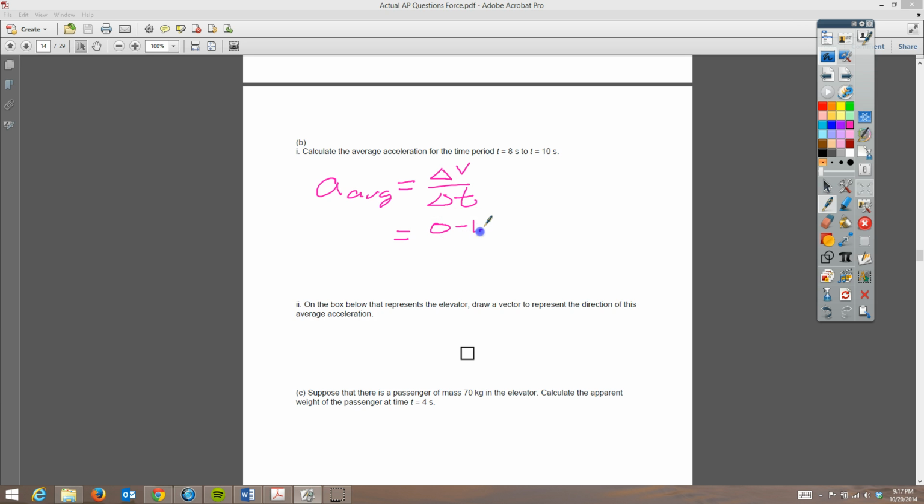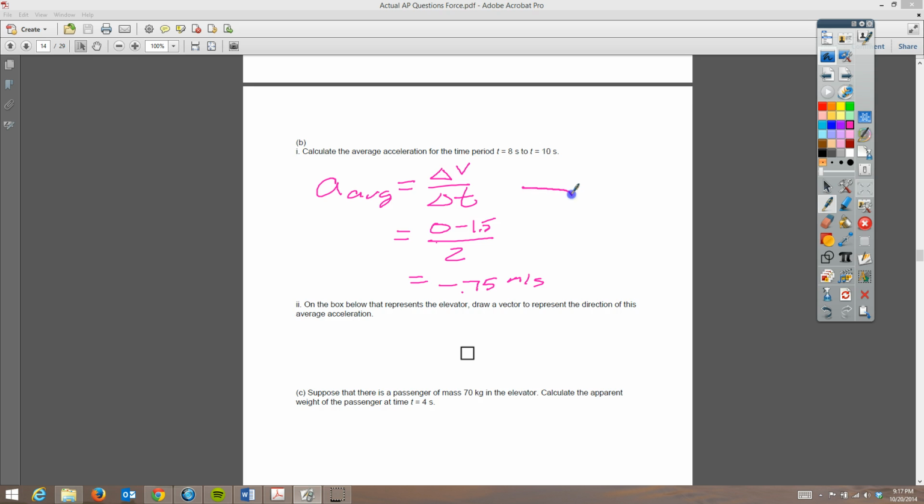Our beginning is 1.5 meters per second, and we're going to divide that whole thing by 2, and you end up with an average acceleration, from 1.5 meters per second down to 0 in that 2-second time period of 8 to 10 seconds, of approximately negative 0.75 meters per second squared.